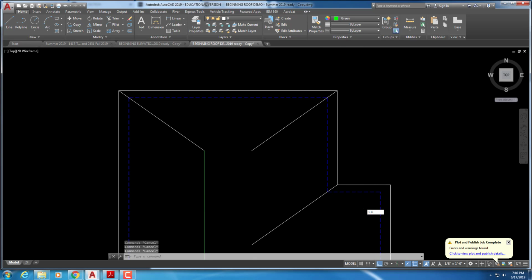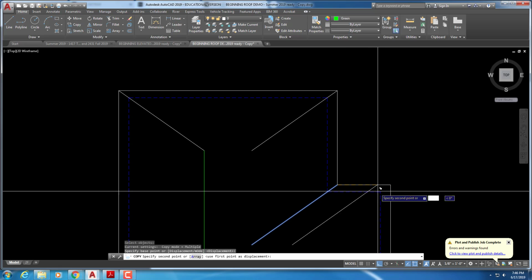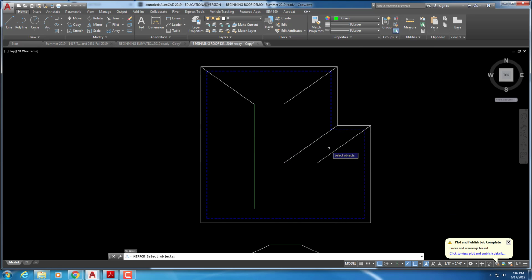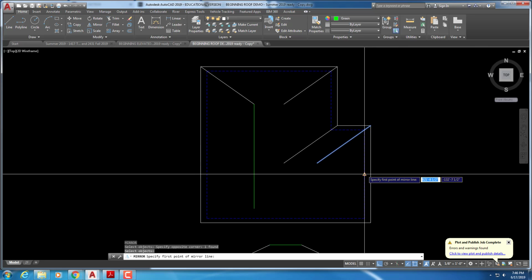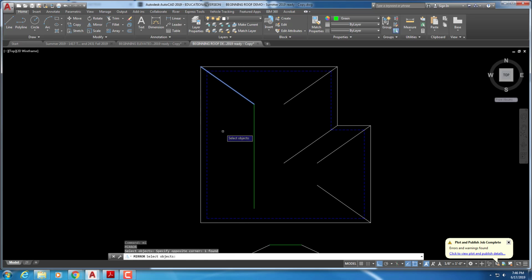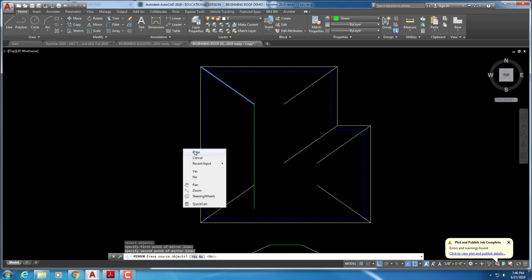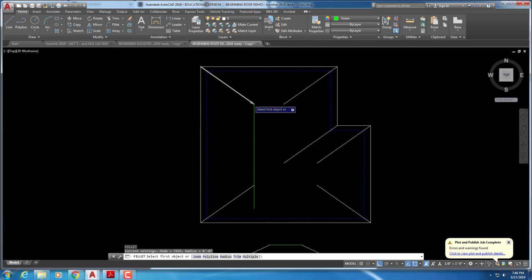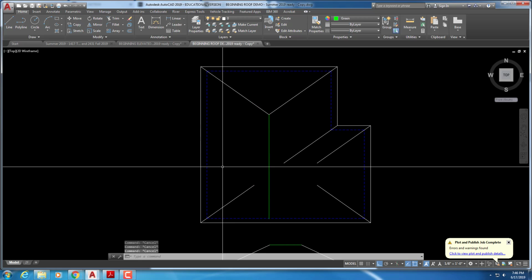This is turning the other direction, so that would be a hip line. So out here, you would have a hip line on the other side. You would have a hip line over here on the other side. That ridge won't be where it's shown right now. It would be over here, centered between the two.